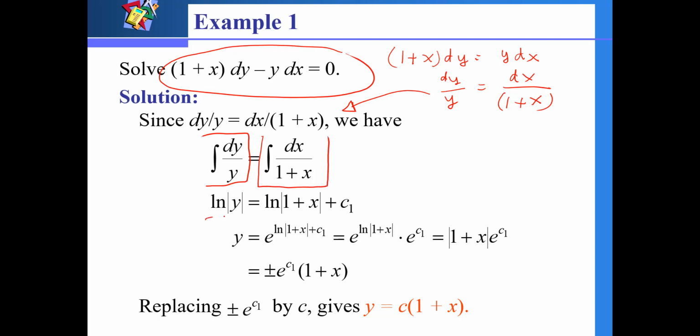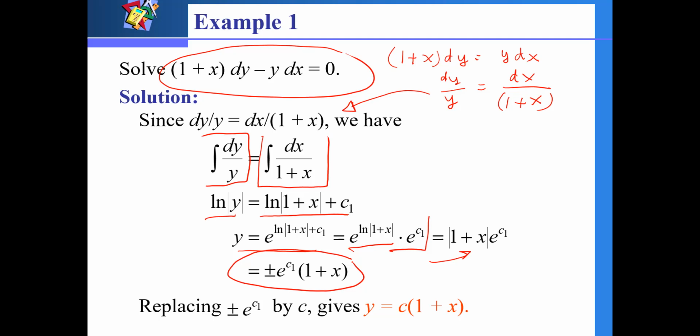So ln y is equal to ln(1 plus x) plus c1. So y is e to the power ln(1 plus x) plus c1, equal to e to the power ln(1 plus x) times e to the power c1. And then we can write this as (1 plus x) e^c1, and the result is plus or minus e^c1 multiplied by (1 plus x).